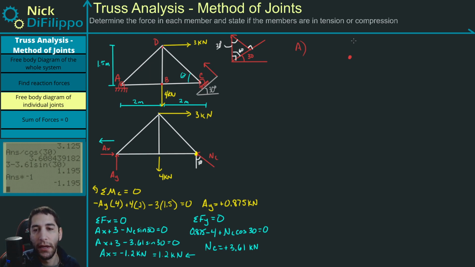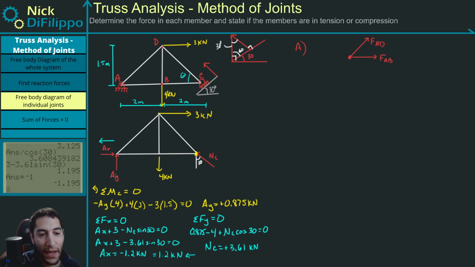Tension pulls away. So I have this force that goes up like this. This is going to be some force AD. It's unknown, so it pulls away, and I draw it in tension. I don't know what FAB is, so it pulls away, and I draw it in tension.